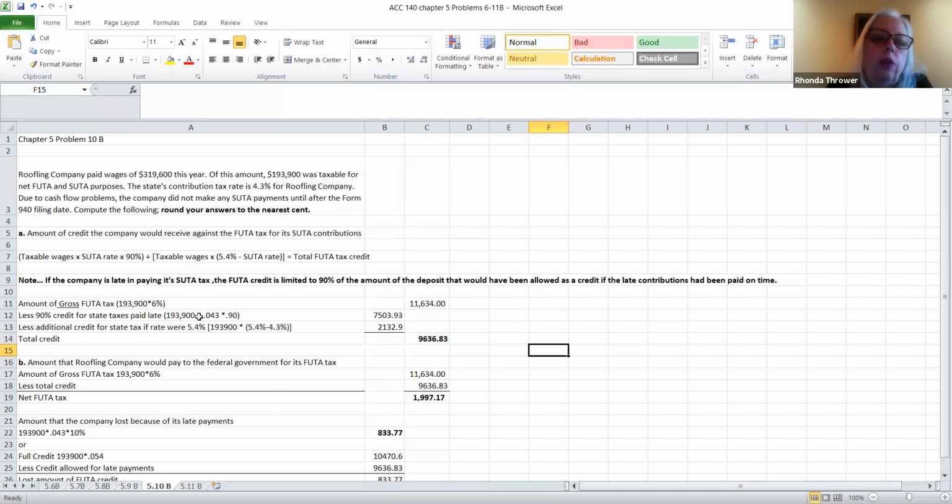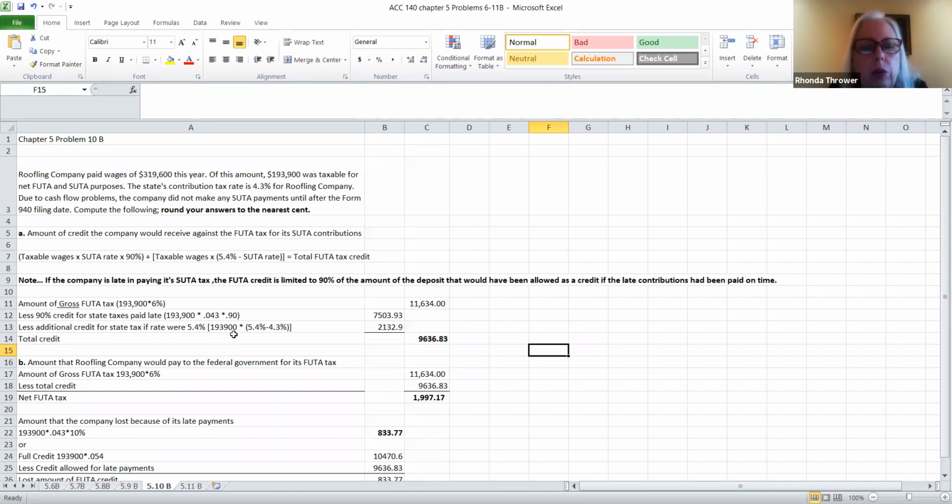In other words, 193,900 times the SUTA tax rate of 4.3% times 90% is the amount of the credit that we're allowed because we paid these state taxes late. So we're getting penalized 10% of our credit toward FUTA because we paid the state taxes late. We're going to subtract out the additional credit for state taxes if the rate was 5.4%.